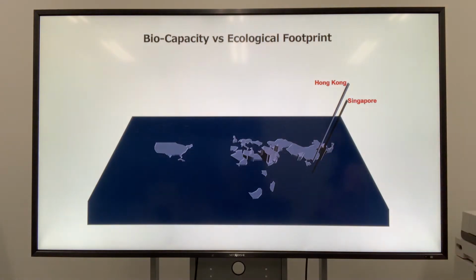This is because Hong Kong and Singapore don't really have this regenerative land, but they are using a lot of footprint. Therefore, the relationship with biocapacity is a lot higher than what it should be. If we think of the nation as one thing, or if we try to understand that we are sharing the entire world equally, these numbers will change.